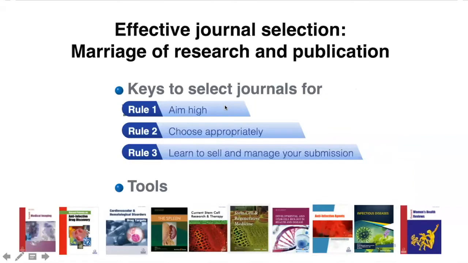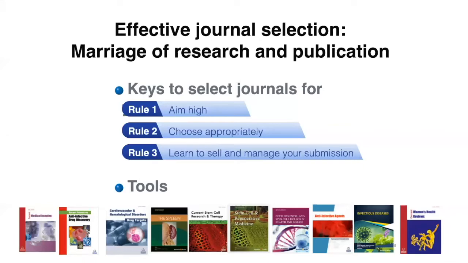When thinking about which journal to select, I would also recommend that you have a list of journals in or around your field that other successful researchers in your area are publishing their research in. Learn from their experience, learn from where they have been successful at targeting their research and getting it published.